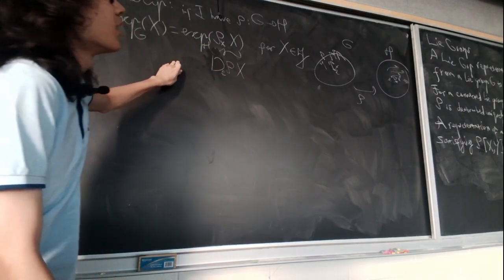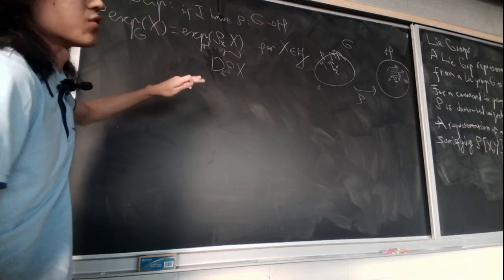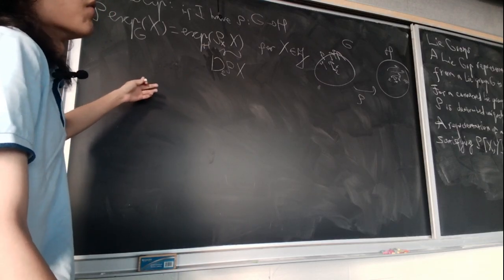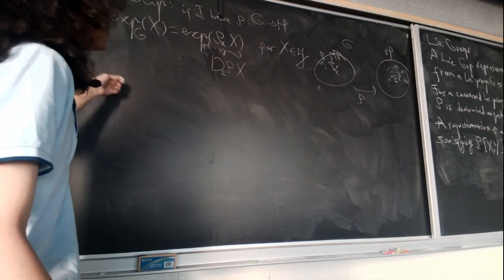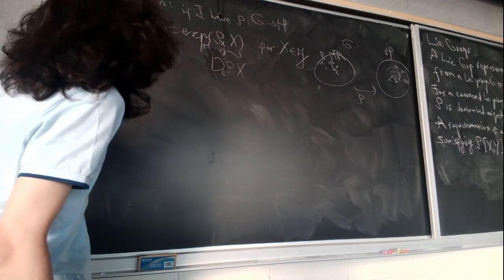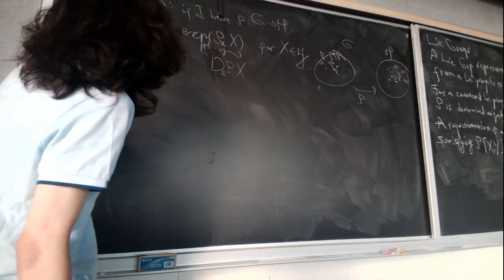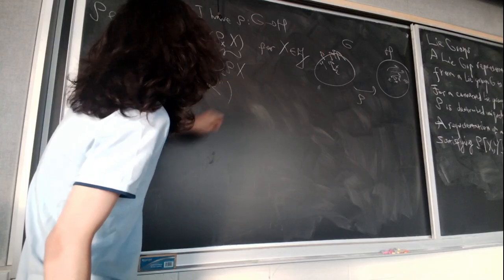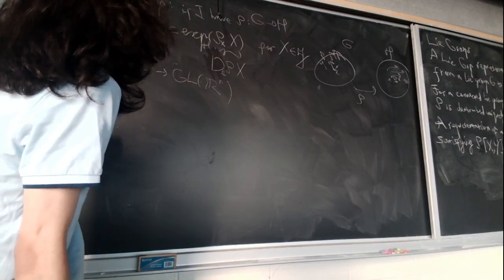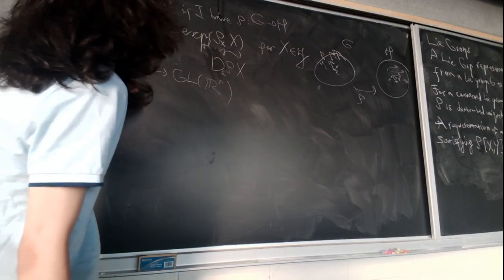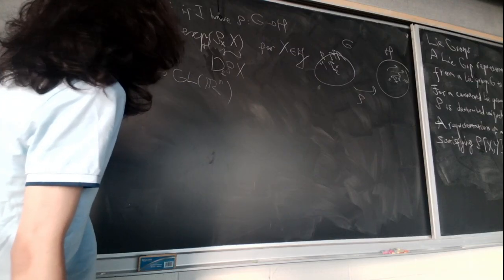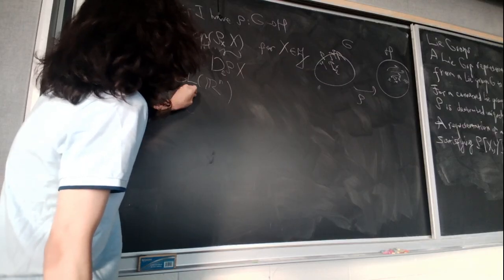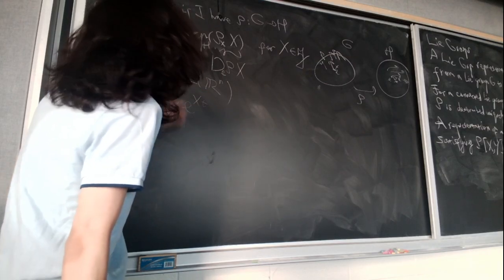Now, the nice thing about this whole thing is that we actually know how to exponentiate things in GL of Rn. If I have rho from my group G to GL of Rn, then we saw in the last lecture that the exponential map here is literally just exponentiating the matrix.